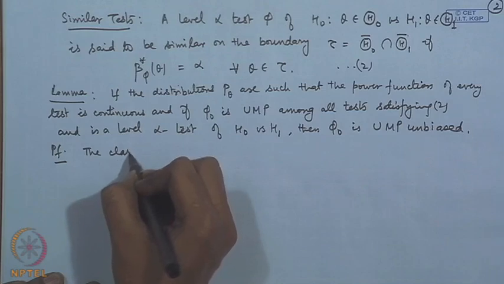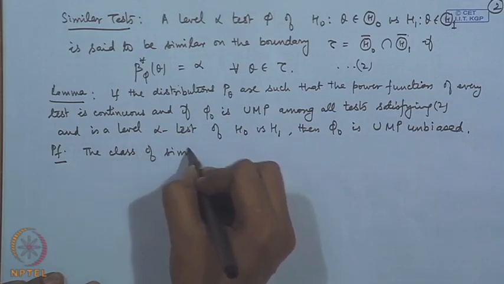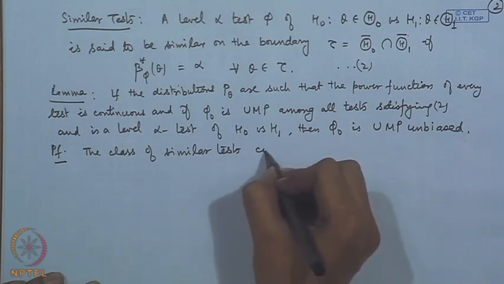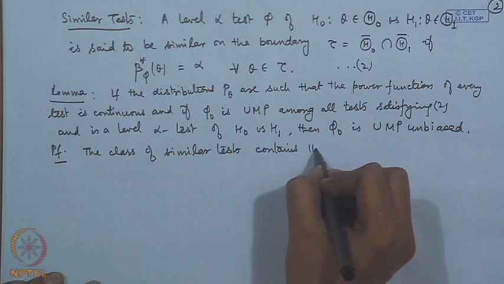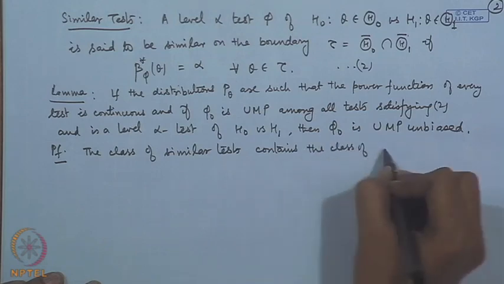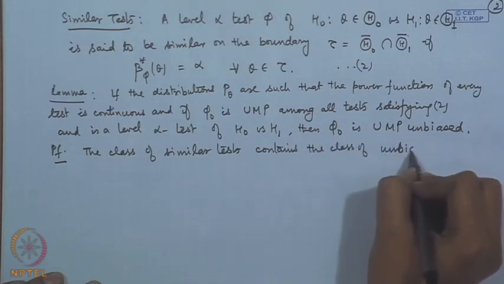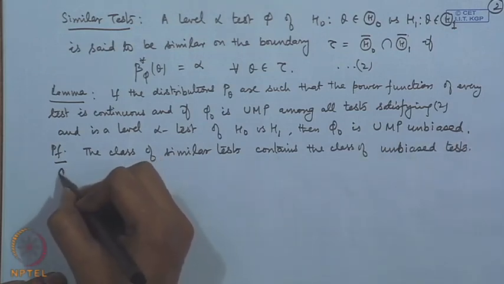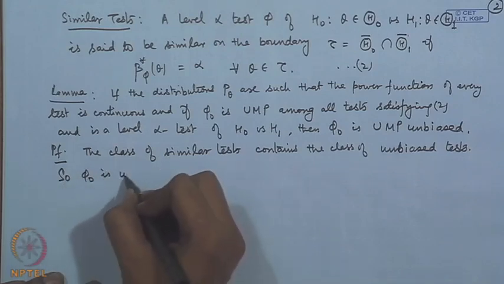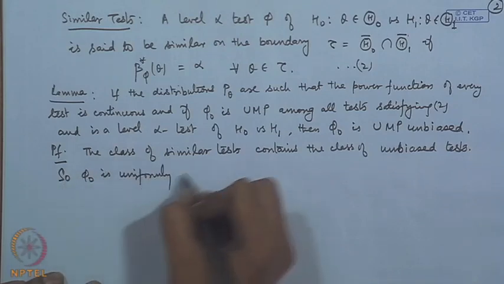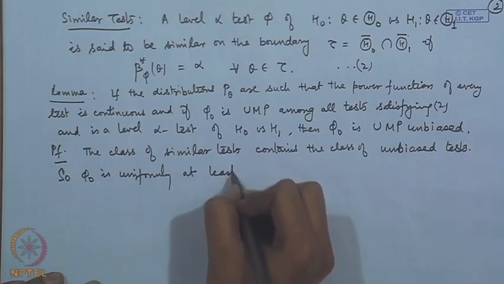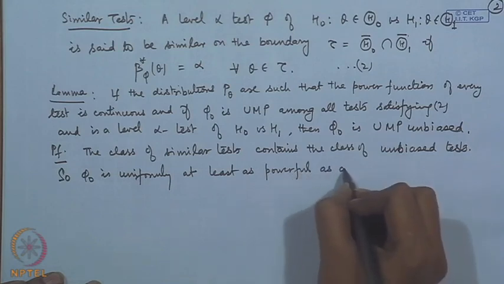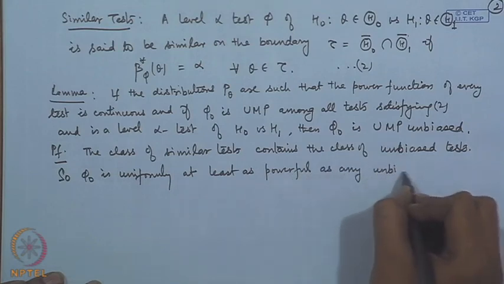The class of similar tests contains the class of unbiased tests, so phi naught is uniformly at least as powerful as any unbiased test.